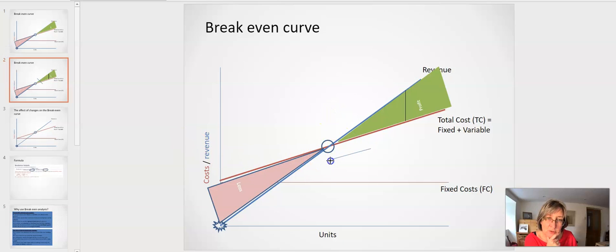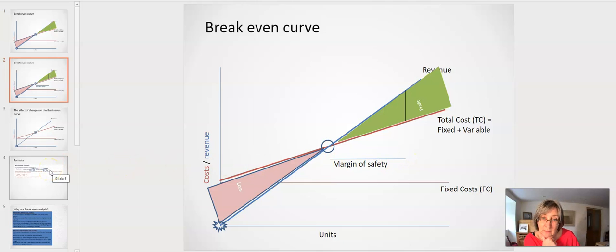However many are produced above and beyond the break-even point, that is what's known as the margin of safety. So that distance between those 2 points is the margin of safety between the break-even and the actual amount they produce.